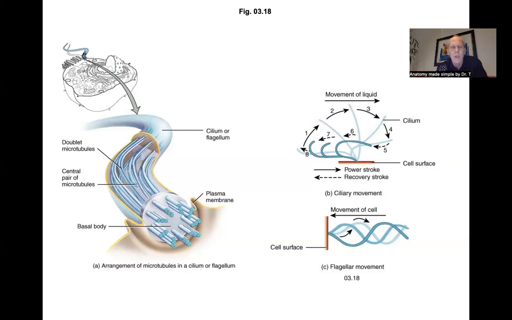A good example are cells of the upper respiratory tract, which are loaded with cilia, because as we inhale and exhale, they possibly trap some contaminating particles that from time to time need to be eliminated. So with the beating of the cilia one way, fast, and recovery being relatively slow, they actually move the particles on the surface of the cell, which is ciliated.